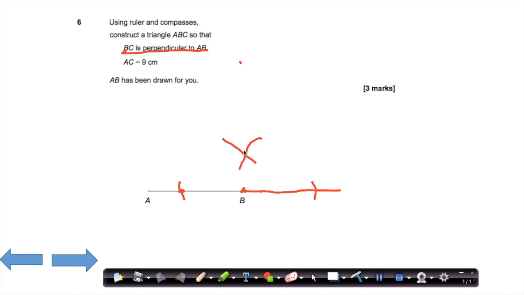Importantly, your compass point and the pencil are always the same distance apart, for that line to make that arc, for this line to make this arc, and then from your compass point there to make that arc, and from your compass point here to make this arc.